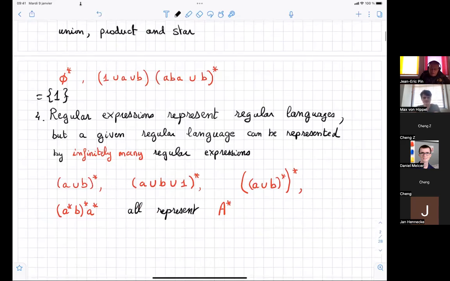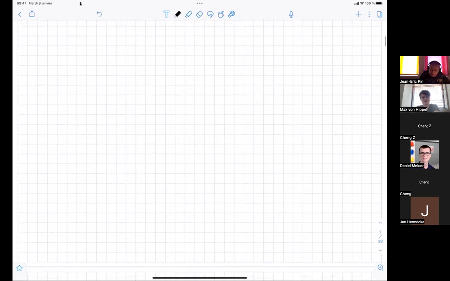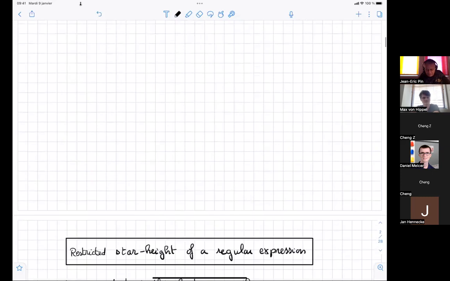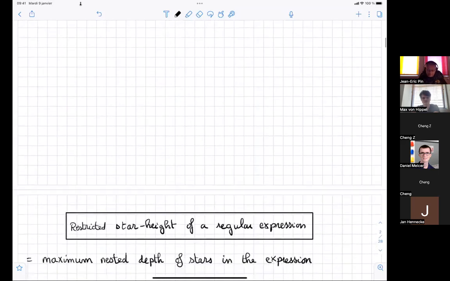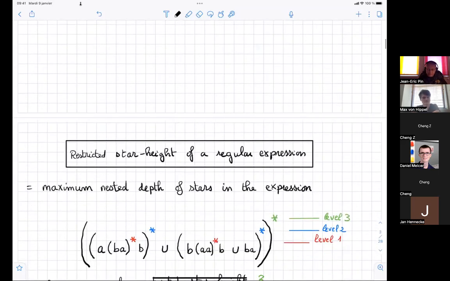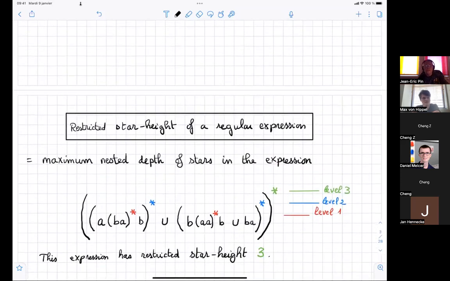Okay, so that's the regular expressions. And let me say a little bit about the restricted star height problem. As you remember, the title of my lecture is the star height problem, but I want to first talk about the restricted star height problem, which was also a very famous problem, but this one has been solved. So what it is, it works in this way. Let's have a look at this example over there.